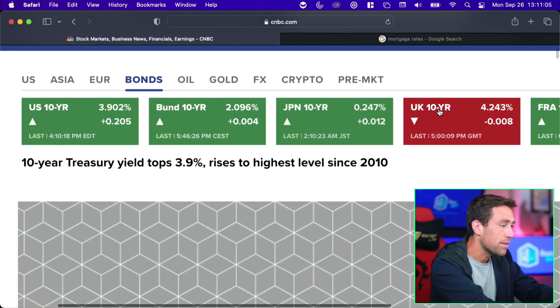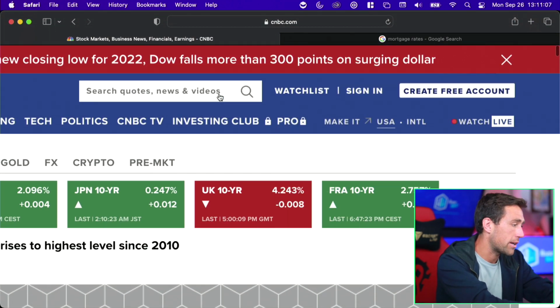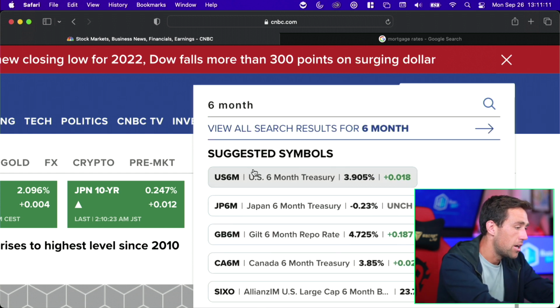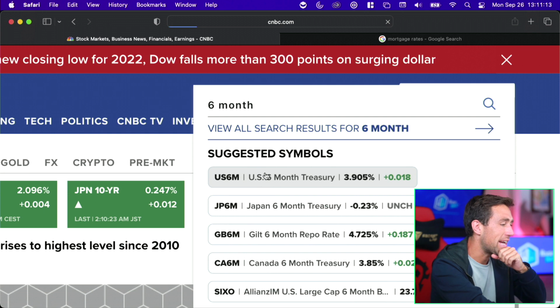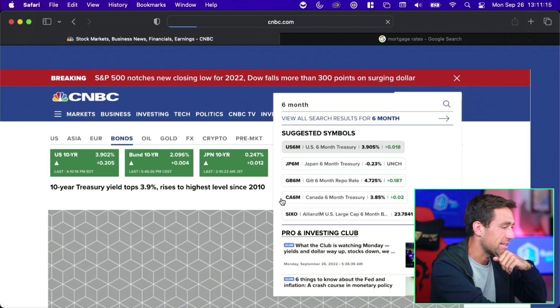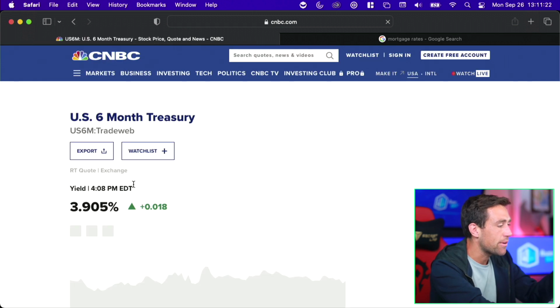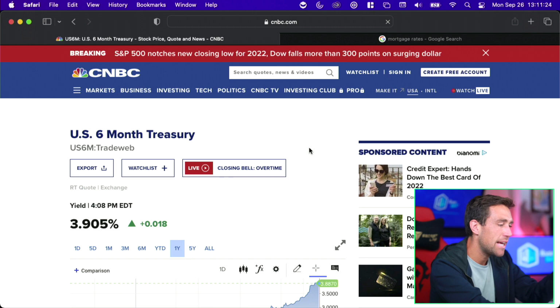This is insane. But in addition to that, if you want to just park cash, holy smokes, look at the 6-month Treasury right now. Oh man, 3.9. Let me see if that's accurate here. Yep, it appears to be. CNBC doesn't want to load, so forget them. Anyway, there we go, 3.9 for the 6-month. That's actually relatively unchanged today.